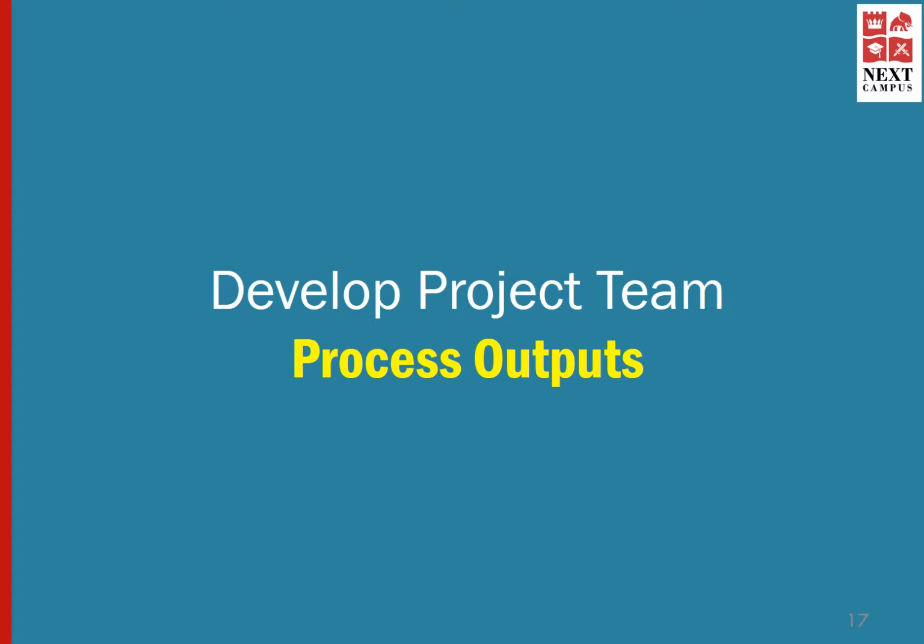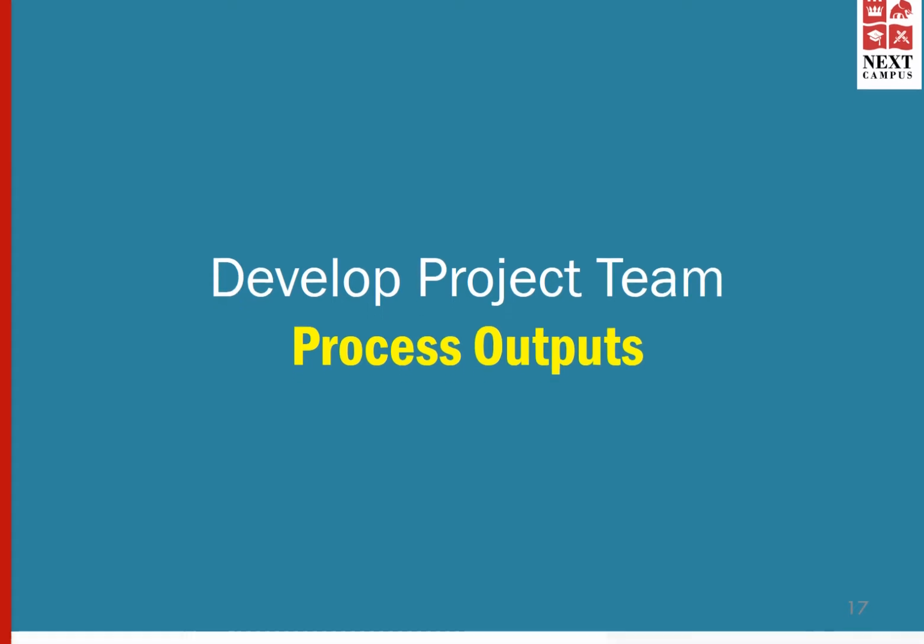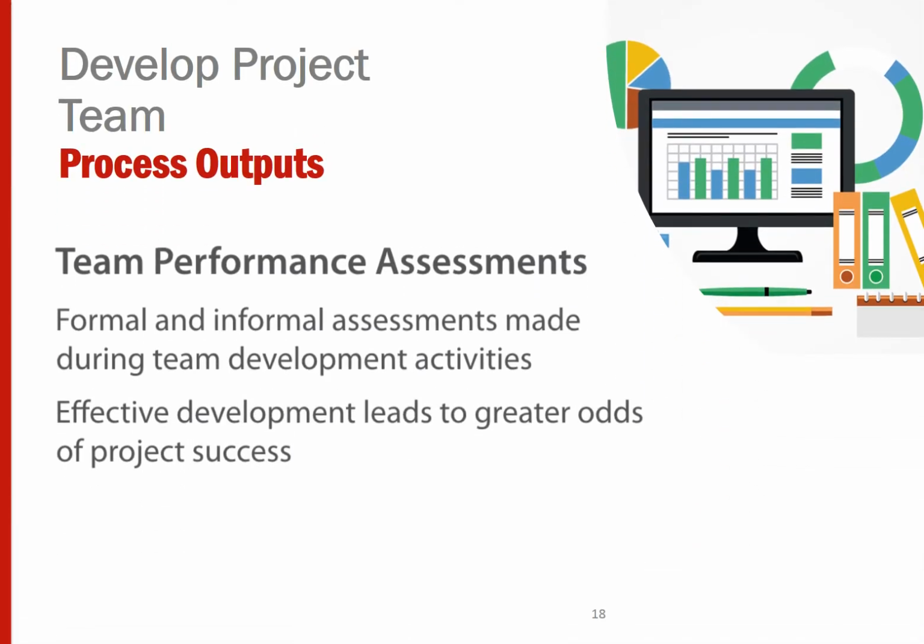Finally, let's have a look at process outputs. So at the end of the develop project team process, there'll be a set of outputs which will become the input for the next process. Team performance assessment is one of the major outputs coming out from develop project team.